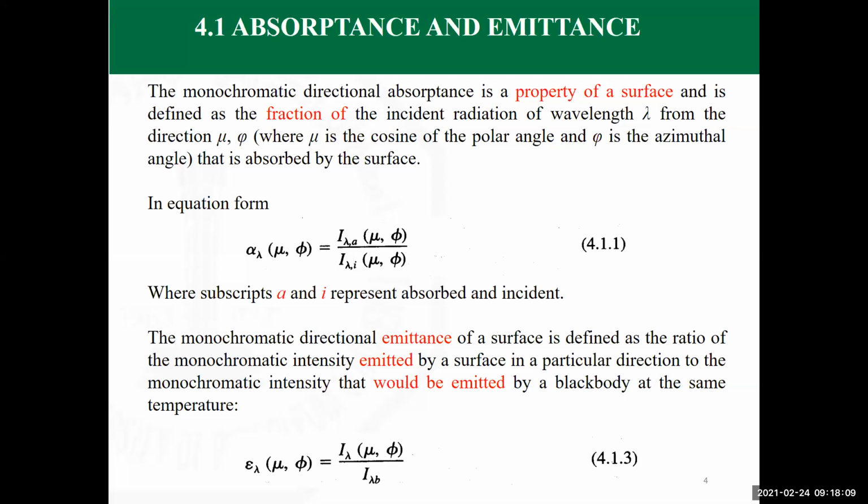And the defining relation is given here. So alpha, absorptance, like emittance or reflectance, is always a fraction, so it is always less than 1. It's a ratio of how much of the incident energy the surface could absorb, because part of the energy is absorbed and the rest is going to be reflected.